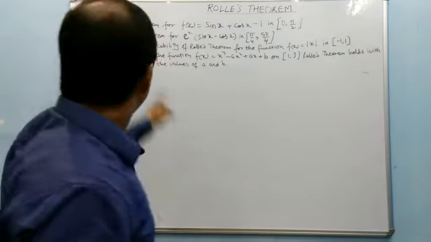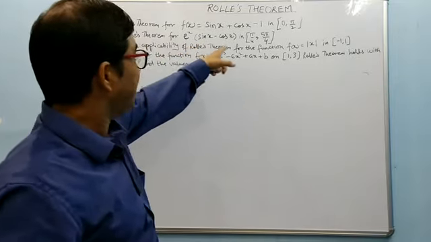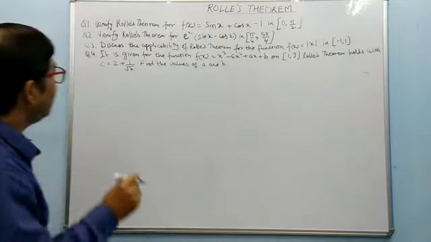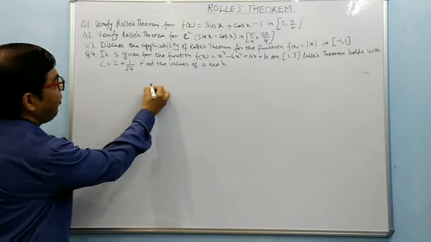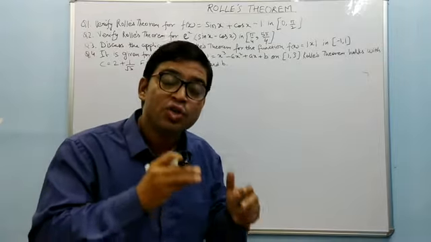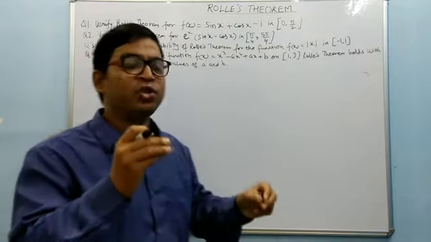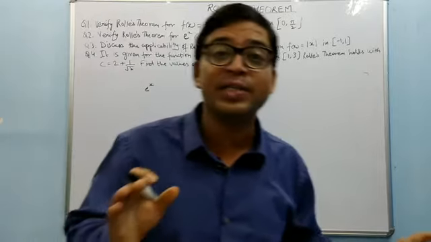In question number 2c, verify Rolle's theorem for e^x (sin x minus cos x) in that interval. You see here, e to the power x is continuous everywhere and sin and cos are continuous everywhere. So the product of e to the power x into (sin x minus cos x) is continuous everywhere.